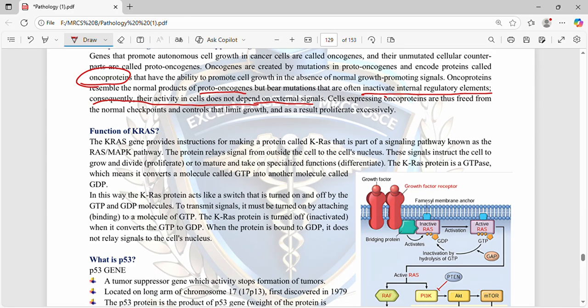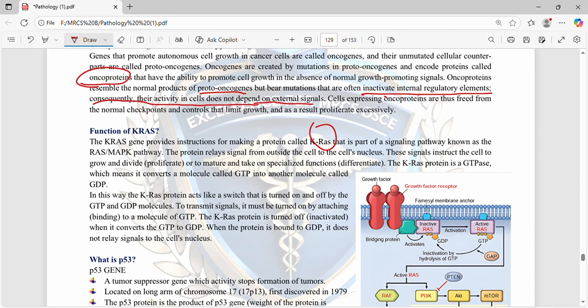Function of KRAS. The KRAS gene provides the instruction for making a protein called KRAS, that is part of a signal pathway known as the RAS-MAPK pathway. The protein relays signals from outside the cell to the cell nucleus. These signals instruct the cell to grow and divide, proliferate, or to mature and take on specialized functions. The KRAS protein is a GTPase, which means it converts a molecule GTP into GDP.